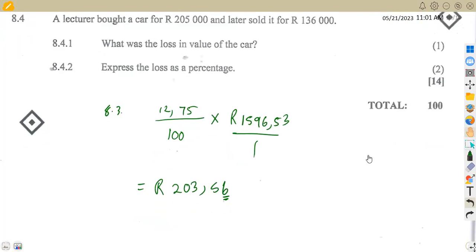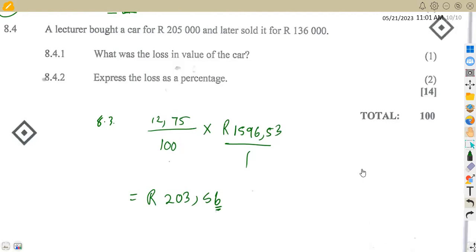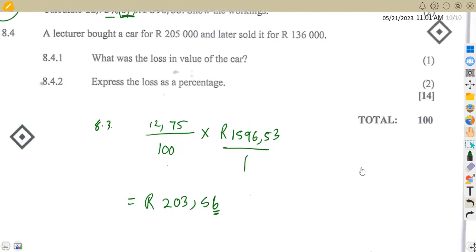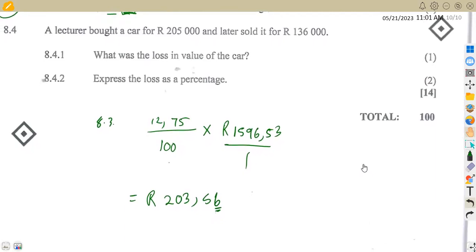And on 8.4, we are given that a lecturer bought a car for 205,000 and later sold it for 136,000. What was the loss in value? So actually, this is a loss. We got it at 205. We sell it at 136. So how can we calculate the loss? We simply subtract these two. The loss is going to be the difference.